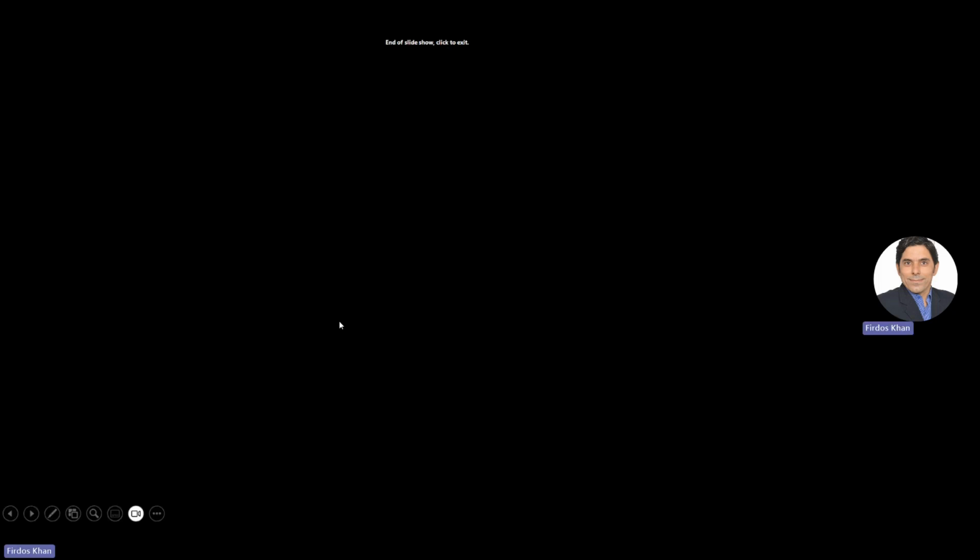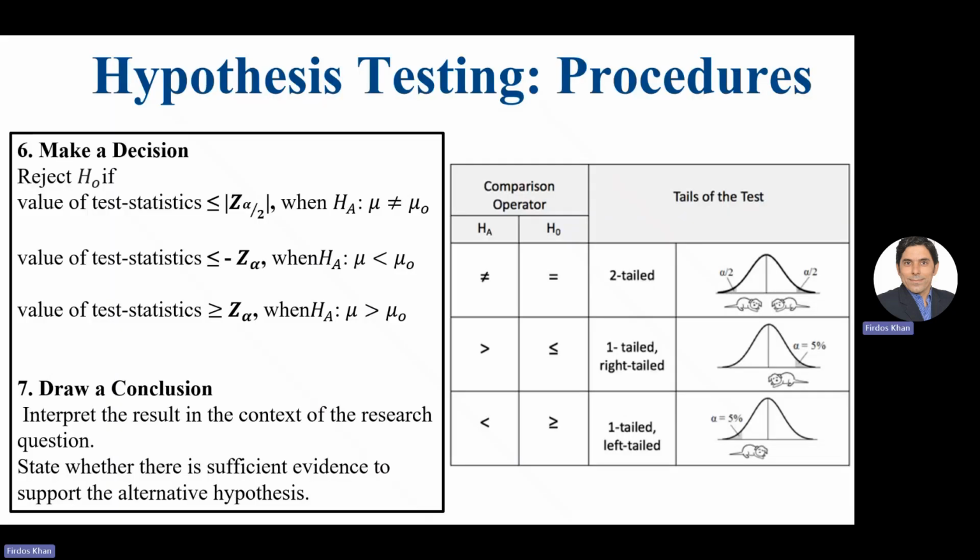So this is all about hypothesis testing, particularly about one population mean, and we discussed both cases, z and t. You can use the t distribution here, but remember that will be t with n minus 1 degrees of freedom, with alpha by 2, minus t n minus 1 comma alpha by 2 and t n minus 1 comma alpha by 2.